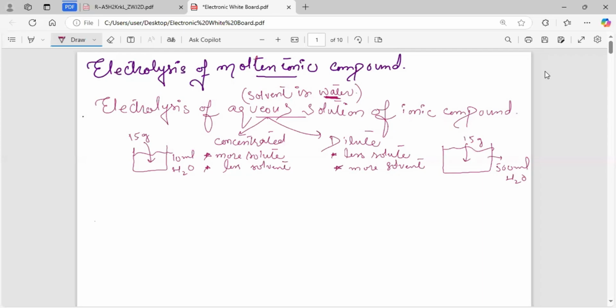This one will be dilute because it has more solvent, whereas the first will be concentrated because it has less solvent, right? So today we are going to electrolyze concentrated ionic compounds. Then in the next class, inshallah, we will discuss the electrolysis of dilute ionic compounds.